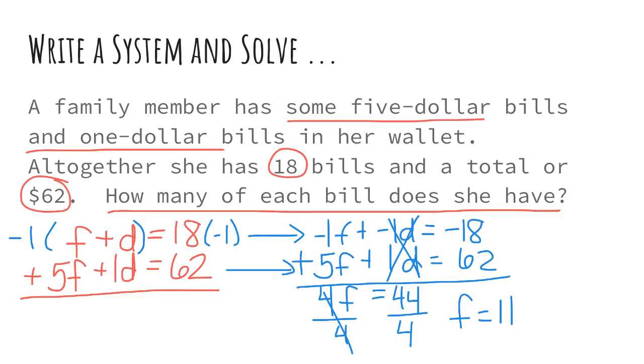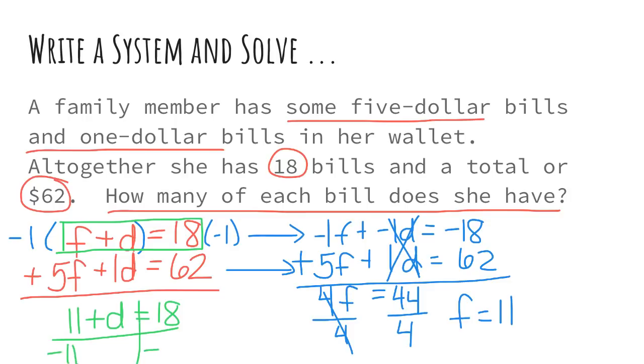Once you know that, you can go to your original. The number of $5 bills plus the number of singles equaled the 18 total bills in the wallet. I could solve that and find out that this person had 7 $1 bills.